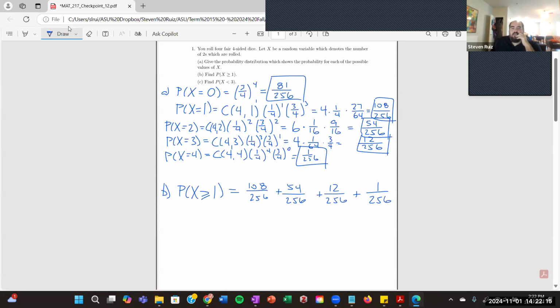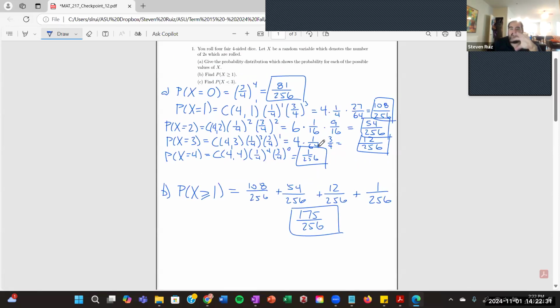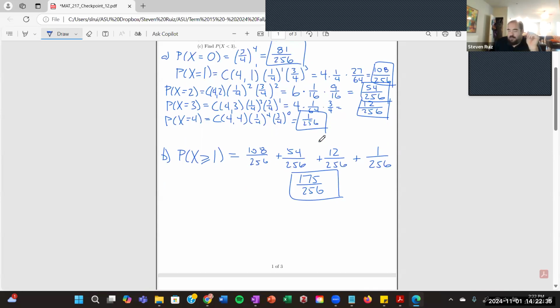And what does that come out to be? 162, 174, 175 over 256. And I'm realizing that you probably can reduce a lot of these. I am not, because I think it makes it easier to compare these to each other if they're all over the same denominator. But if your answers are reduced, that's perfectly fine.